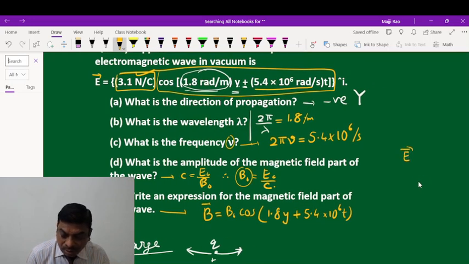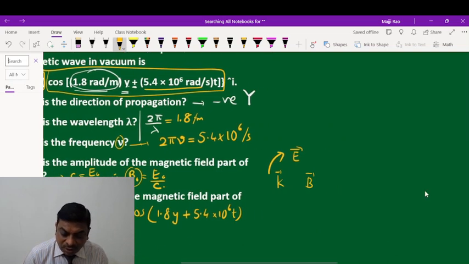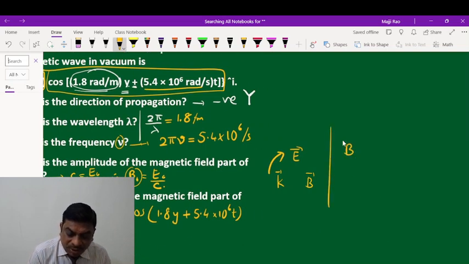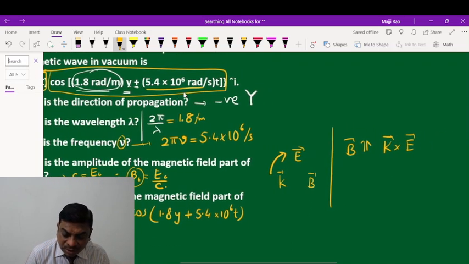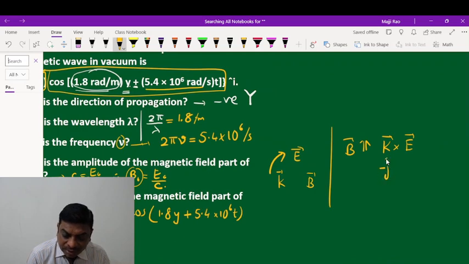E, B and K. So K cross E should be in the direction of B. Okay, students? B will be parallel to the direction of vector K cross vector E. Vector K is the direction of propagation. So direction of propagation is along negative y-axis. So this is along negative y-axis.